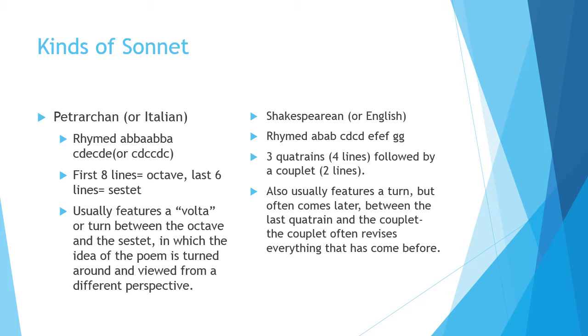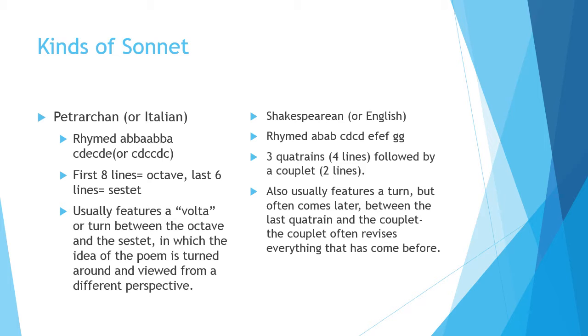In the Petrarchan sonnet, the first 8 lines are called the octave, and the last 6 lines the sestet. Again, logical names based on the Latin roots for 8 and 6.